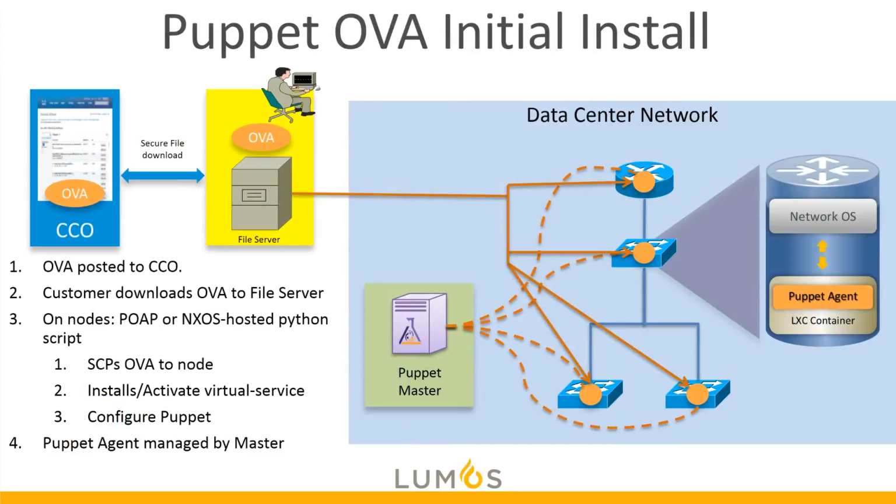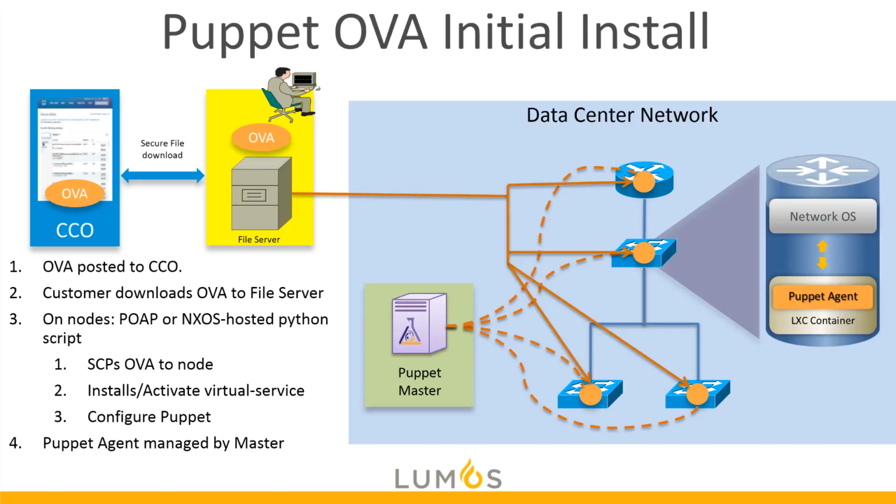Okay, so how are we going to do our initial install? First of all, the Puppet OVA is posted to CCO, or Cisco Connection Online. And of course, the customer is going to download this OVA to their file server. And then on the various nodes, POAP or an NXOS hosted Python script would be used to reach out and grab, via secure copy or SCP, that OVA and pull it down to the node.